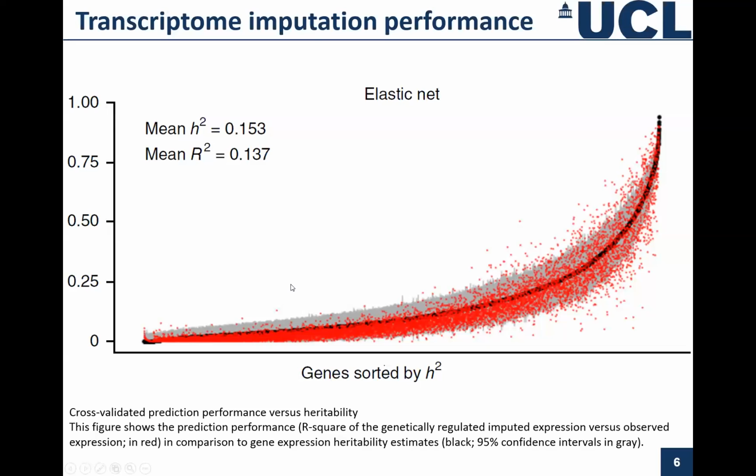And this also depends on the number of samples in the reference transcriptome. The study I'm presenting used one of the largest transcriptome data sets available, of 900 blood samples, and the number of genes with a prediction model is only around 9,000.